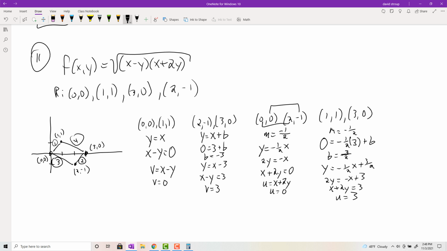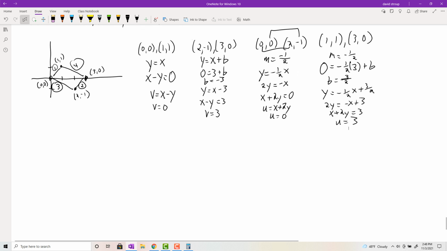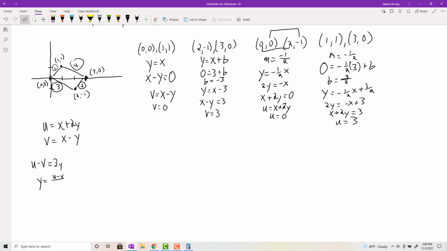Okay. I need my Jacobian, so I need to rewrite the x and y formulas, get some x and y formulas in terms of u's and v's. So note u is x plus 2y, v is x minus y. So if you go u minus v, the x's will cancel and you get 2y plus y, which is 3y, so y is equal to u minus v over 3.